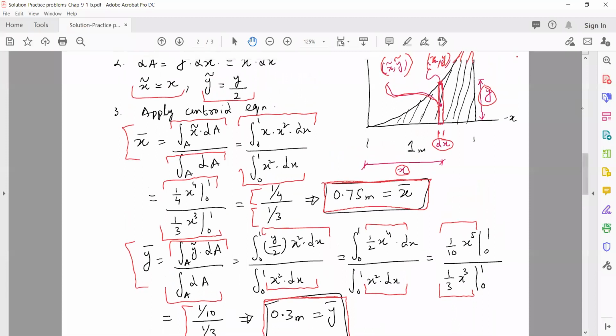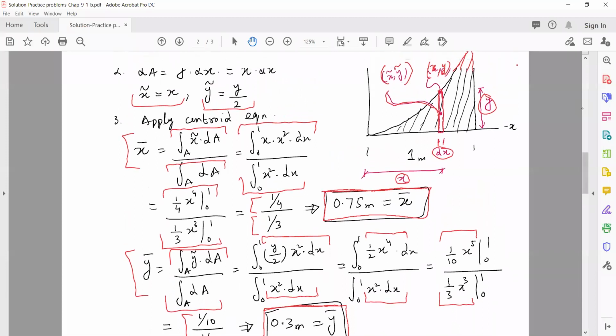Let's plot this centroid on the actual shape. Okay, so x bar 0.75 meters would be somewhere here, right? And y bar is 0.3, somewhere here. Where these two meet, this is the centroid, this is your big C, centroid of the area.